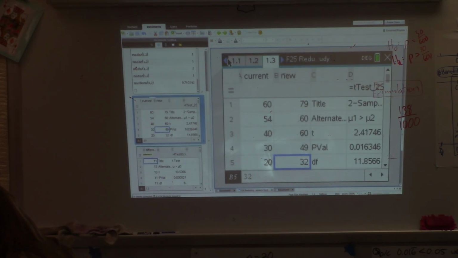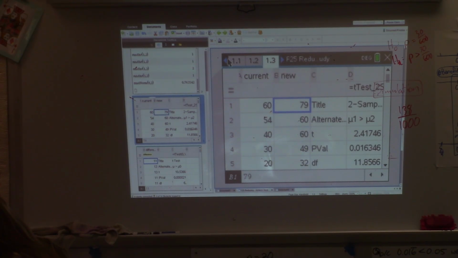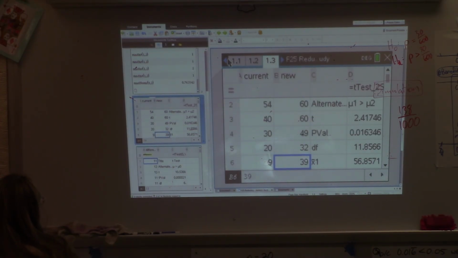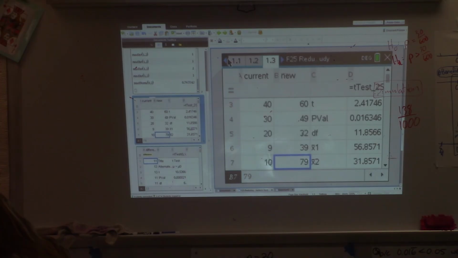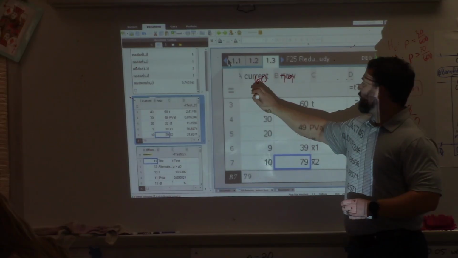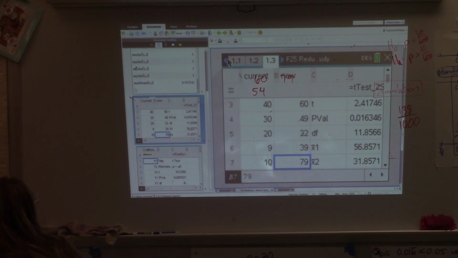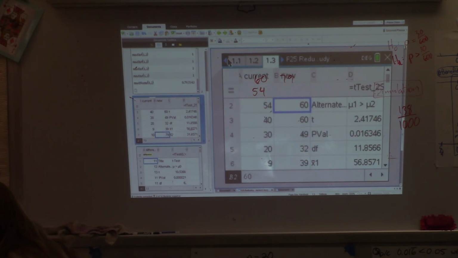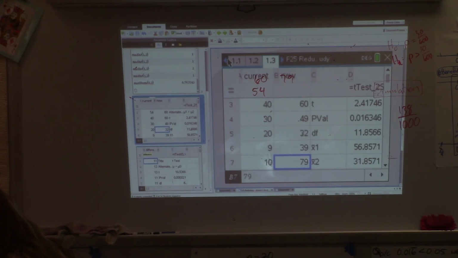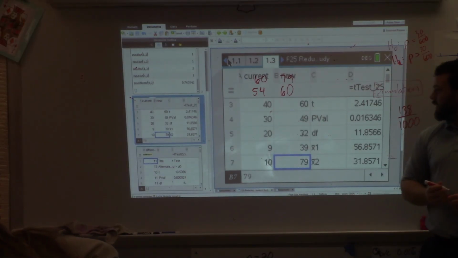Everyone have at least those sets of 5, the first 2 data points, current and new. 60, 79, 54, and 60? No, I got it wrong. Oh, I was right. 54 and 60. Okay. So there's all 14 data points.